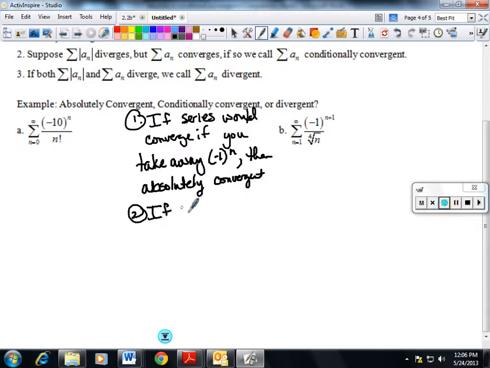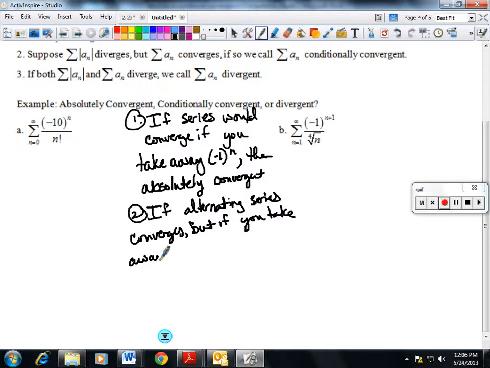If the alternating series converges, but if you take away that part, the negative 1 to the n, it diverges, then it's conditional.